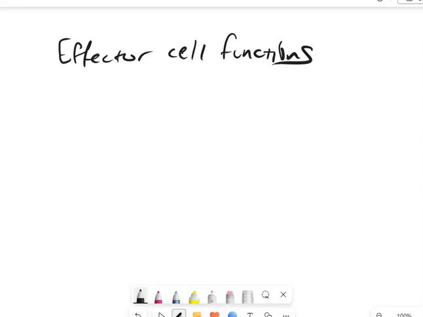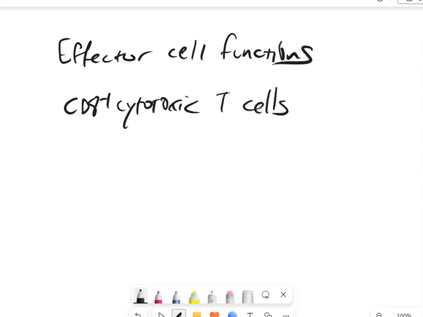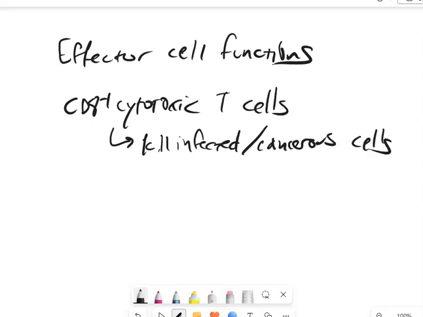Effector cell functions. This is big. The two effector cell types that do the immune response and go out and do important things directly are CD8 positive cytotoxic T cells, that's one, and its function is to kill infected or cancerous cells.